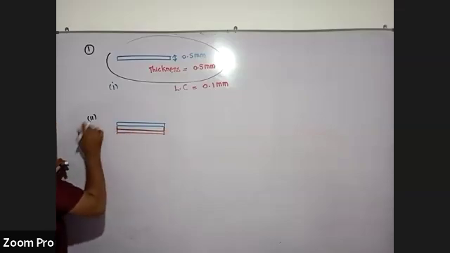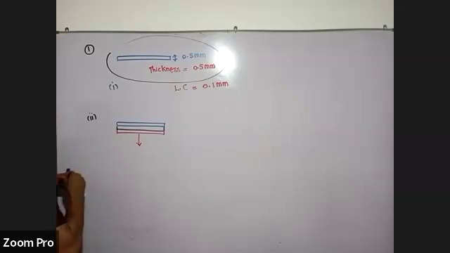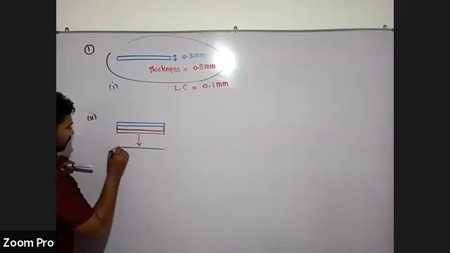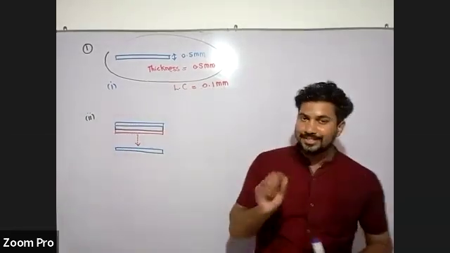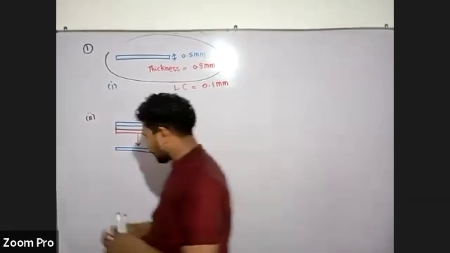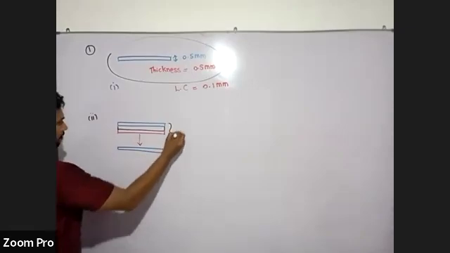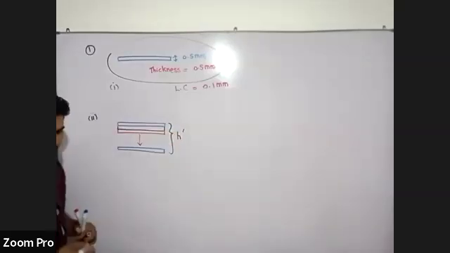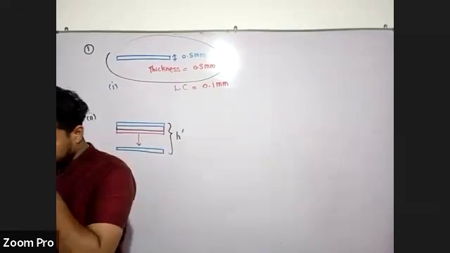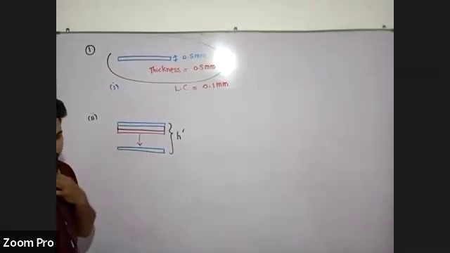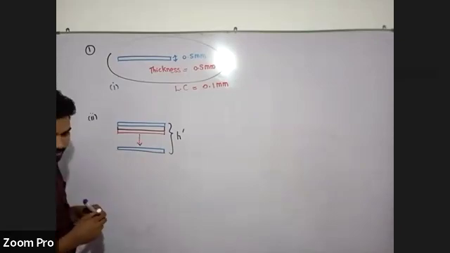So the second question, in the second Roman number: instead of measuring the thickness of a single sheet, he kept 10 sheets according to the diagram.